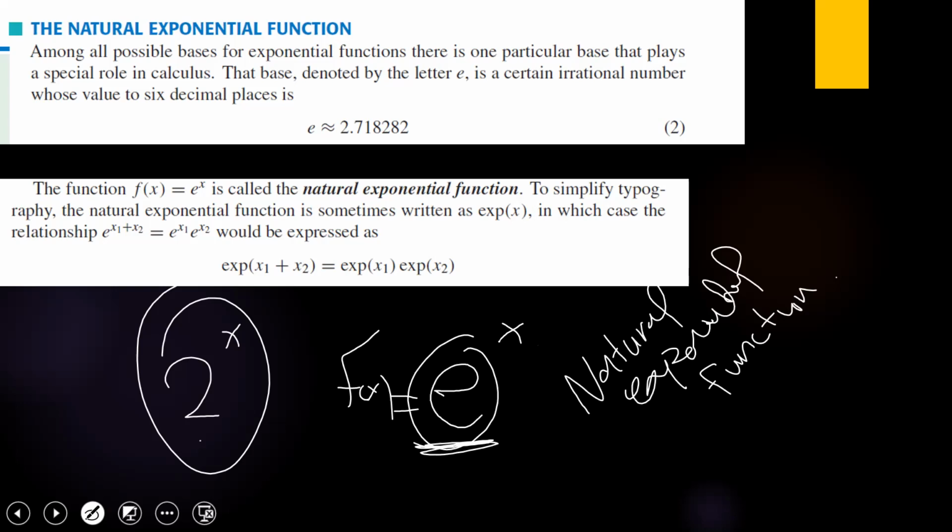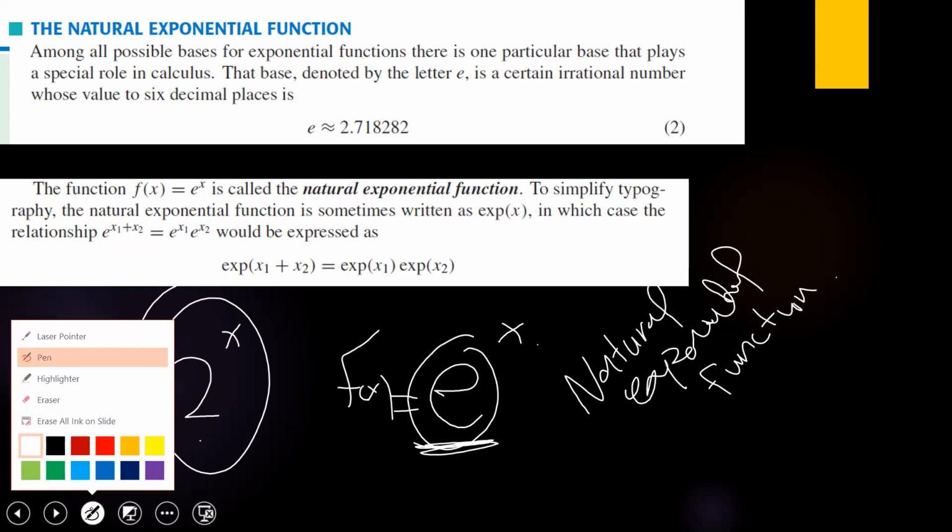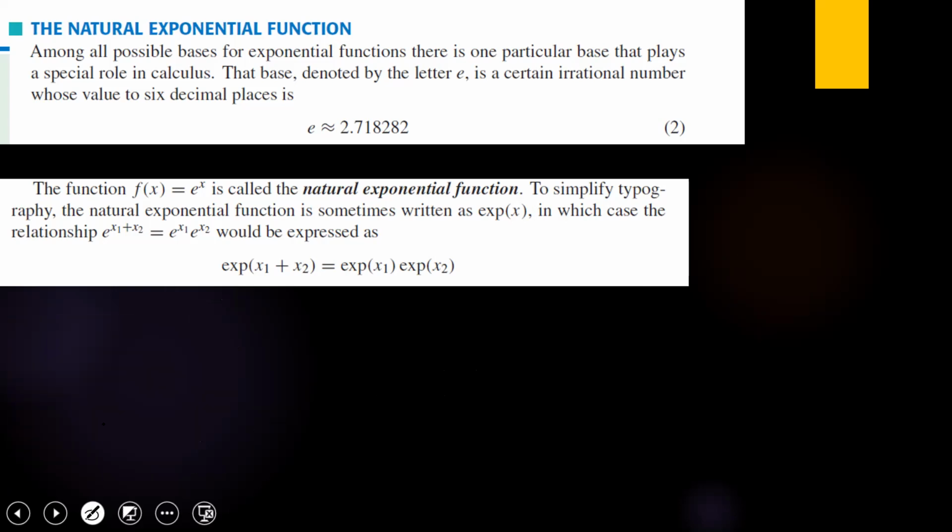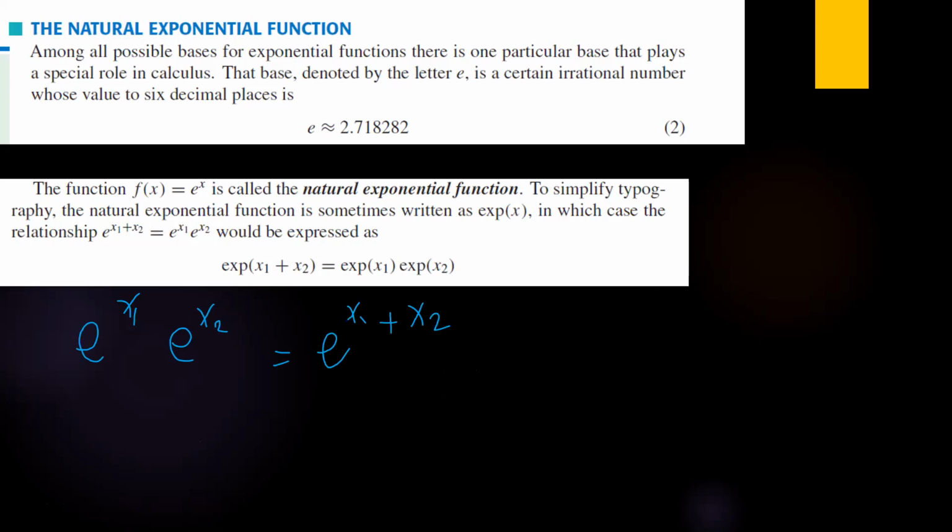So how we deal with it is we deal with it as any exponents. Like if you have e to the power x times e to the power 2, you will add the exponents as we did before. But here we don't have a base b like number 3. I have an e.